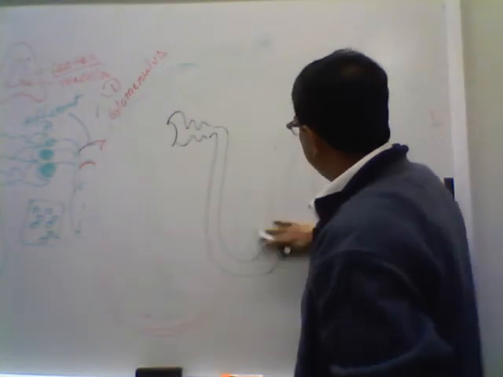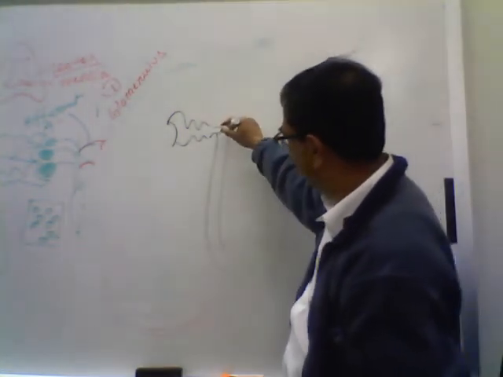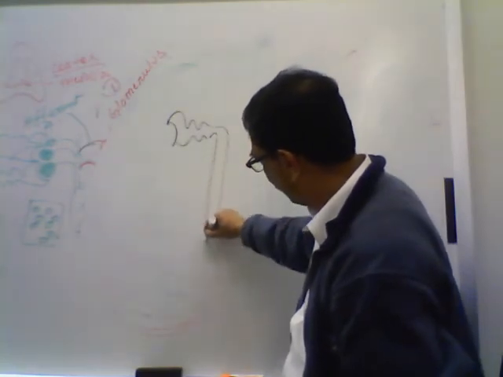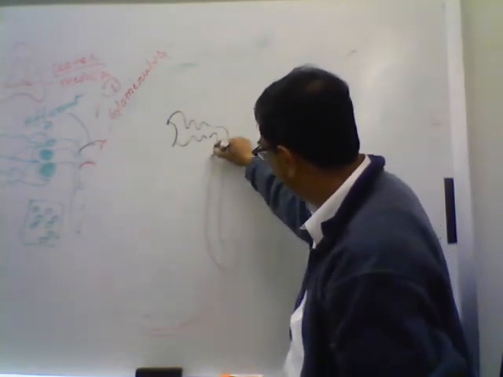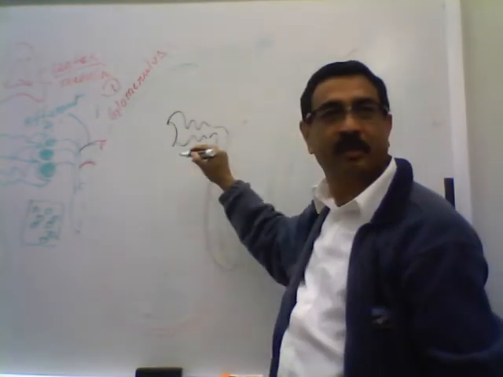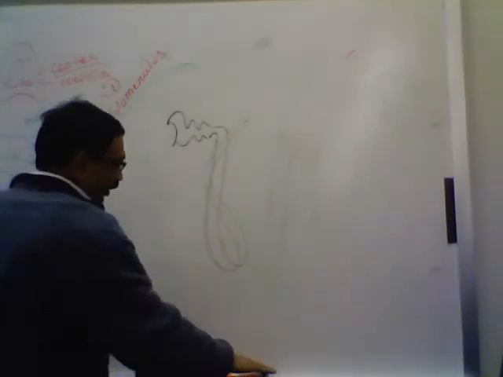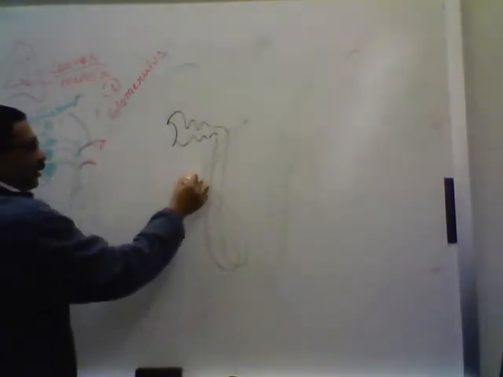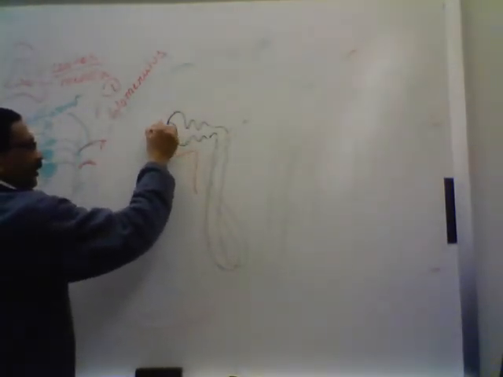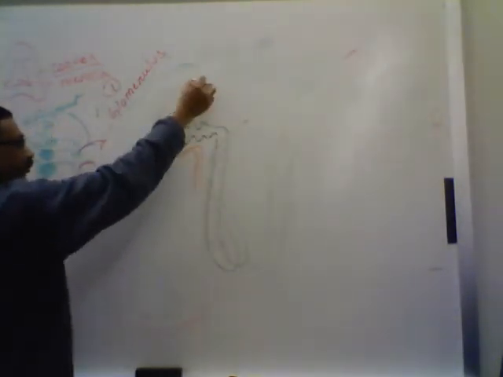So this is the descending limb, this is the ascending limb. Everything is squeezed like this. Now let's draw the arteriole. This is the afferent arteriole.